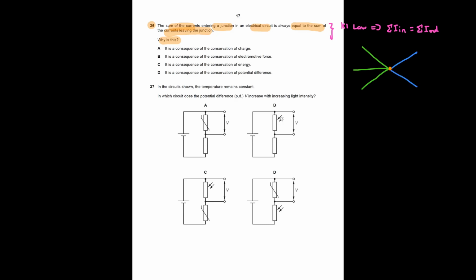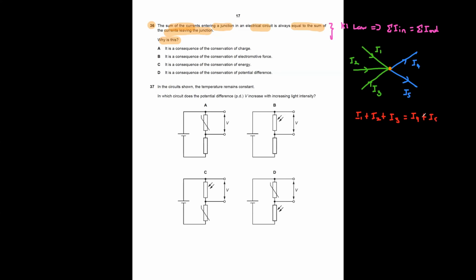Say on the left-hand side you have currents I1, I2, and I3 feeding into this junction, and then currents I4 and I5 going out of the junction. According to Kirchhoff's first law, I1 plus I2 plus I3 equals I4 plus I5.